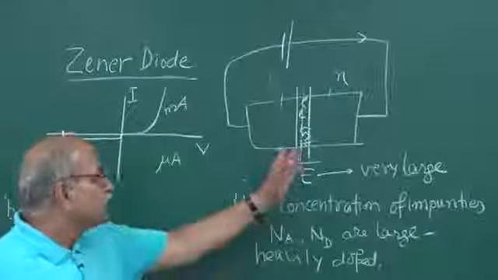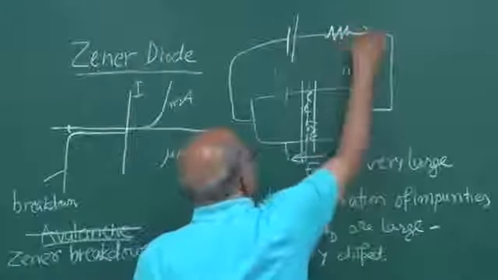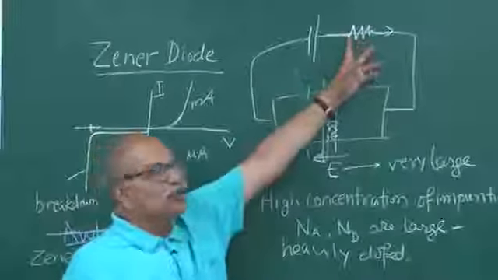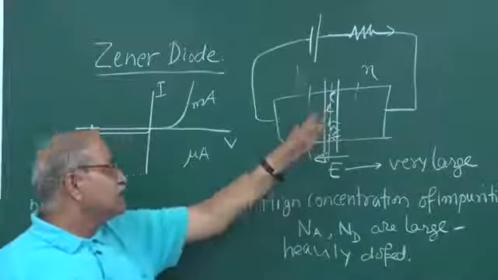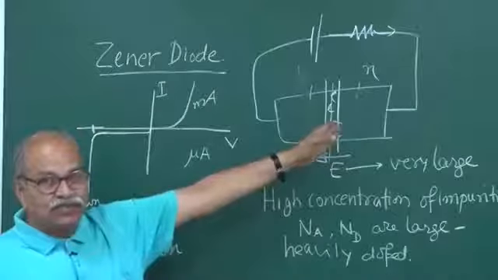So you will have to put a resistance somewhere, so that the extra voltage drops here. If it is made for 2 volts, it's 2 volts, right?